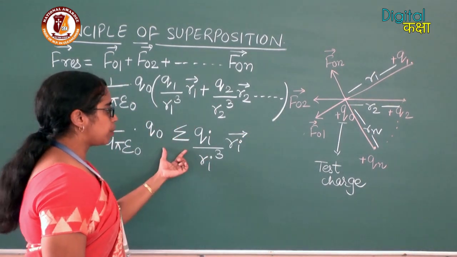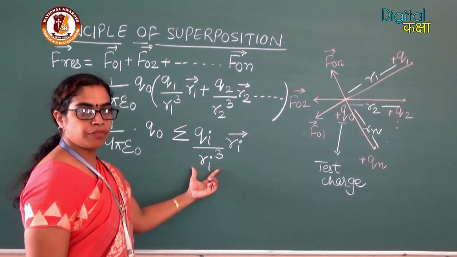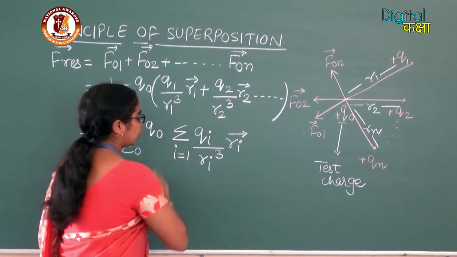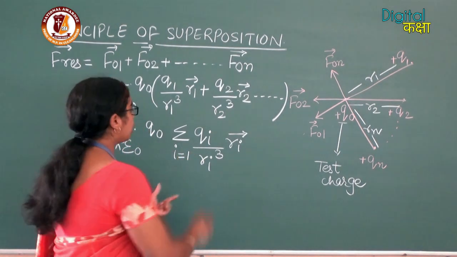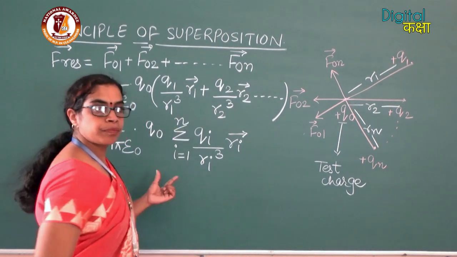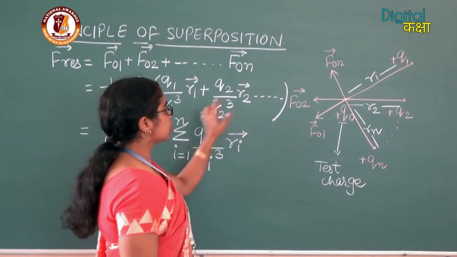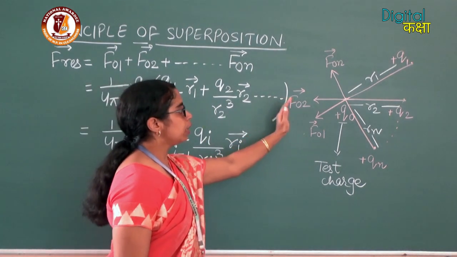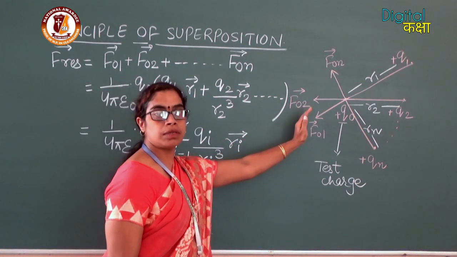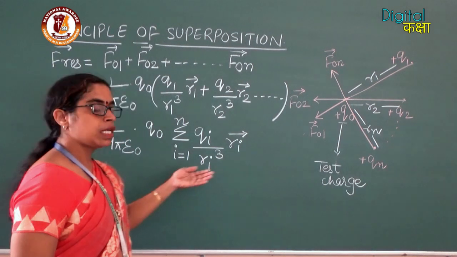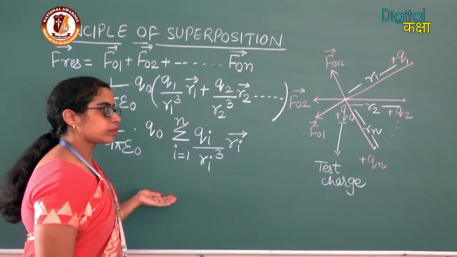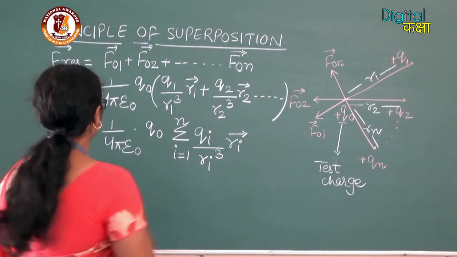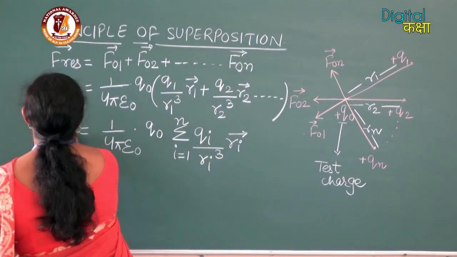Since here it is the summation, we have to define the limit for i. So the value of i will vary from 1 to n, where this n exists in the nth term in this bracket term. So students, this is the formula for the resultant force on any of the test charge.